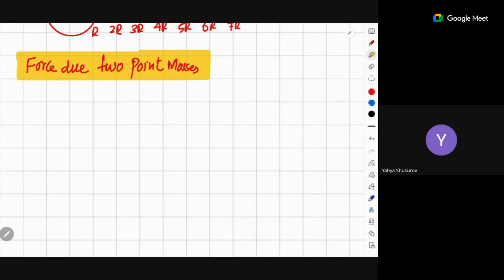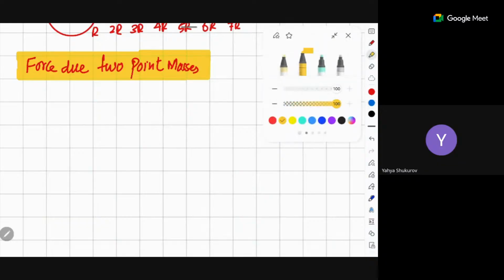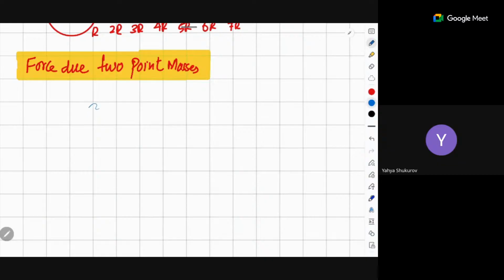If we have two planets, let's say this is planet A, and here is planet B, which is a smaller planet, and the separation between these two planets is this R. And there is a mass on the line joining these two planets.